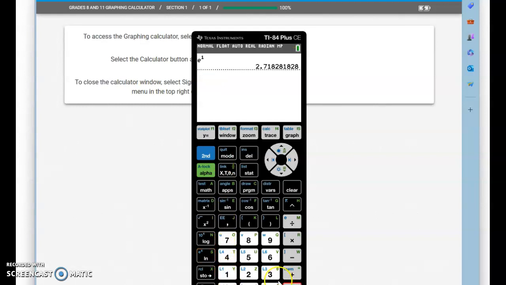So I'm going to just put in 1. So you can see that the calculator is going to end it here because that's how many digits it displays. And you also have second division sign. This one does not have the caret symbol. So this one comes in handy if you're going to be using a value for the exponent. So this is how you would get the natural number e on the calculator.